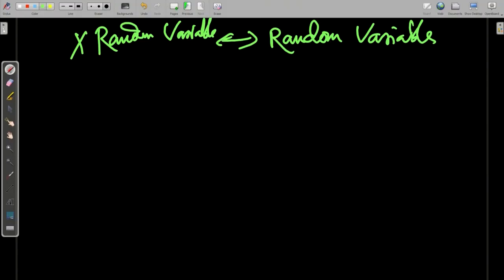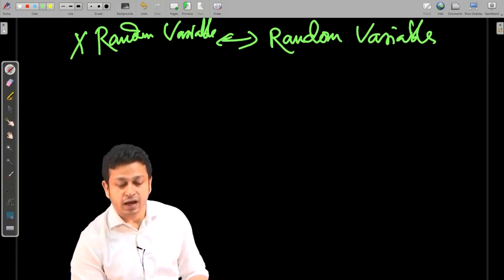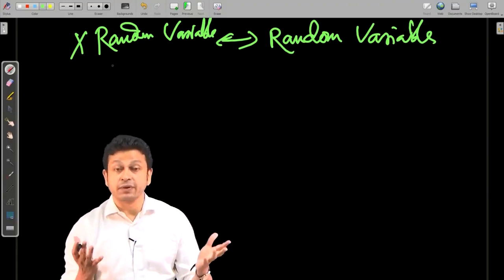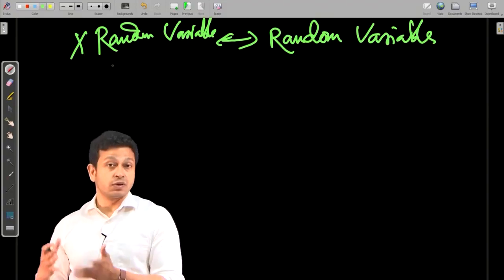Now, you can also think of it this way: you have a formula. Here I have explained how from a set of numbers you come down to a formula.